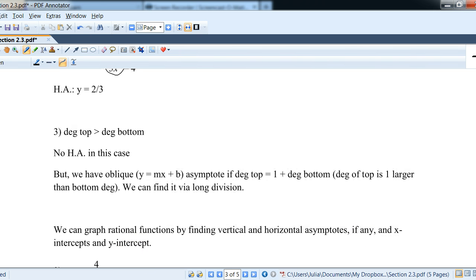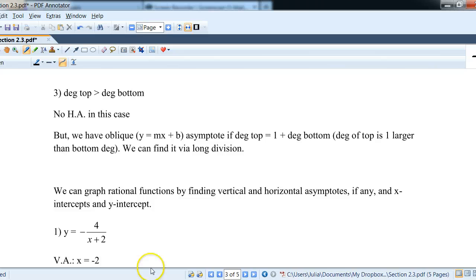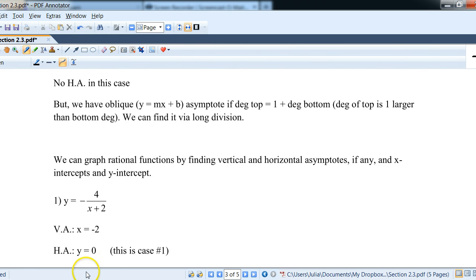So here we actually will graph, but you can still check with your graphing calculator. Let's start with the one I mentioned earlier, -4 over x plus 2. The vertical asymptote is x equals -2. What do you think the horizontal asymptote will be? It's y equals 0. All right.